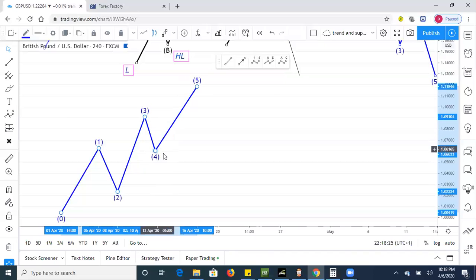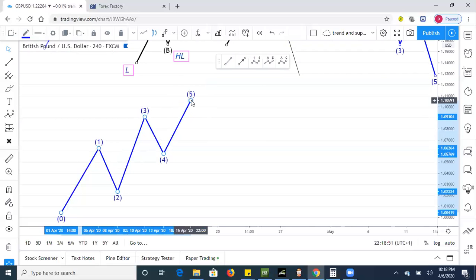If the uptrend is established and the uptrend is going to continue, you could be sure of one thing, that 5 will at least equal 3 or take out 3. That way you have consecutive higher highs, right? So you are sure that 5 would take out 3.